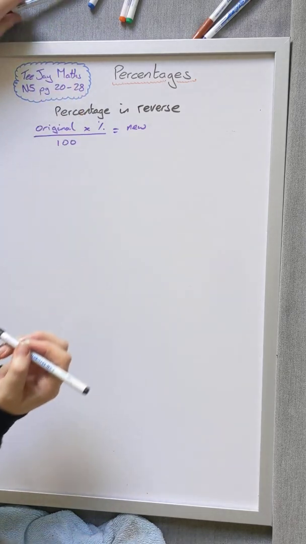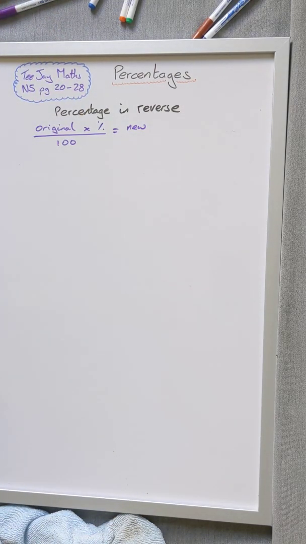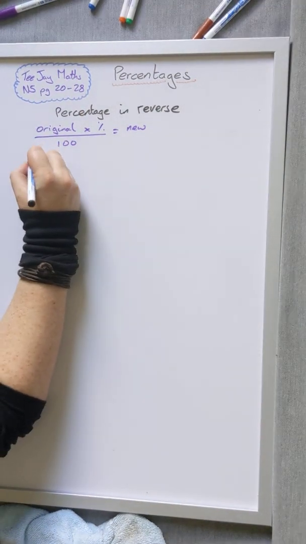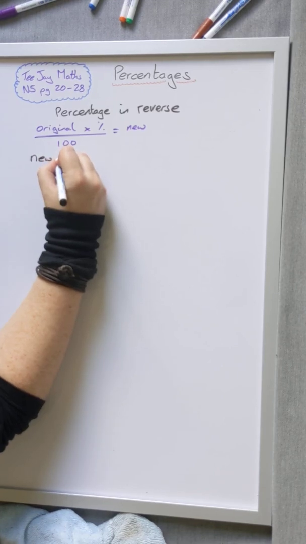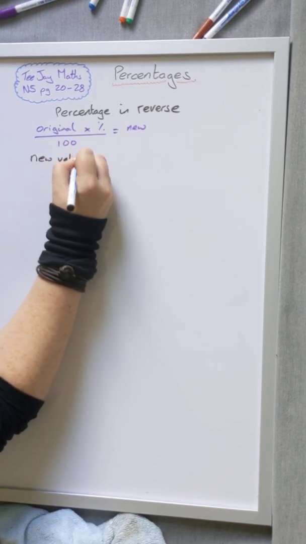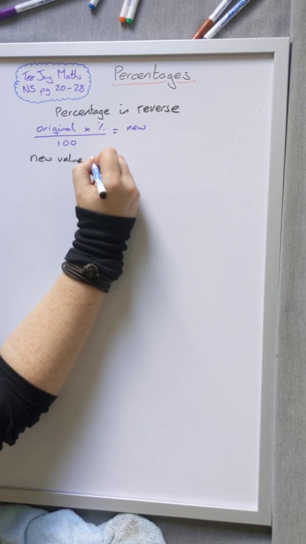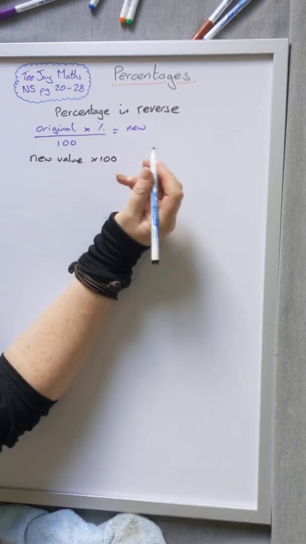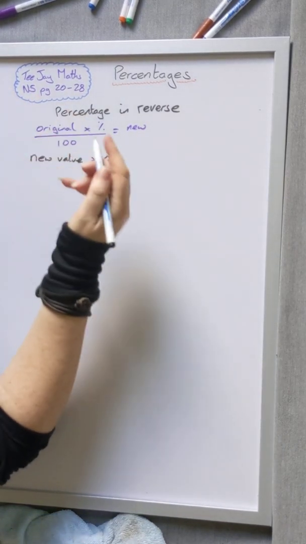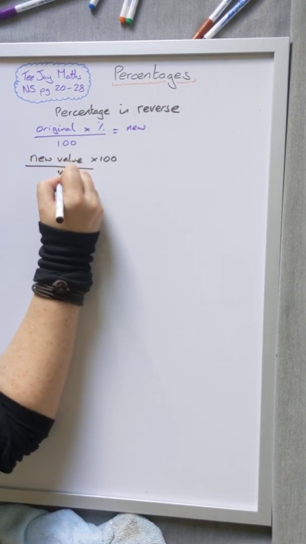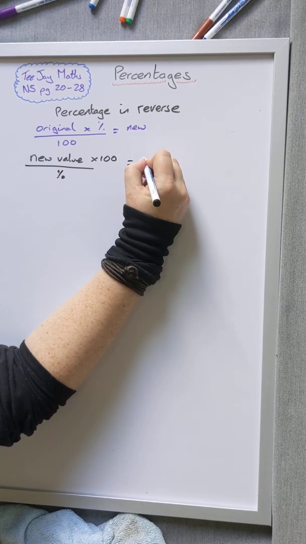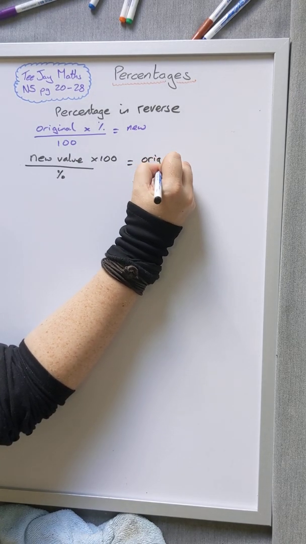What we're going to do is the exact opposite. We're looking for the original. We're given the new value. So new value, and we're going to times that by 100, just like we did with percentage change, but we're going to be dividing by the percentage amount, and this will give us the original value.